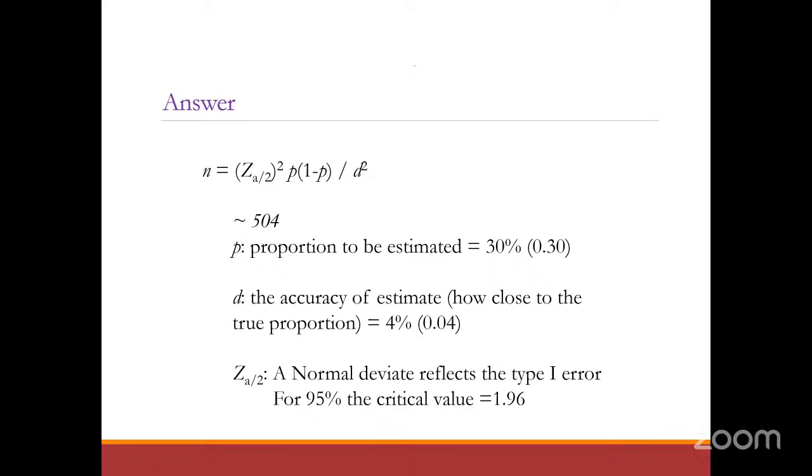We generally add 10% or 20% of this 500. Ten percent of 500 is 50, or 20% is maybe 100. So you always have to add this 10 or 20% for non-response to your sample, so that after losing cases, you still have at least 500 cases in hand.